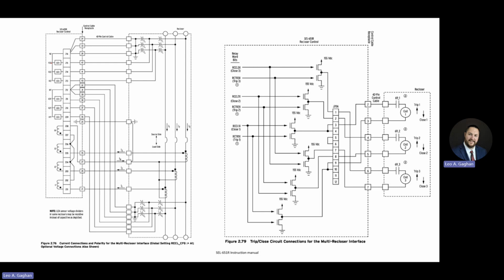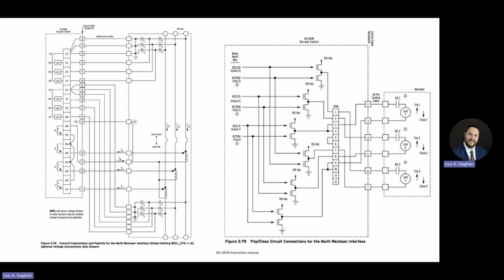So then same thing over here. This is our recloser. It's our recloser controller. And these appear to be our trip commands. So you've got your trip coils right here.